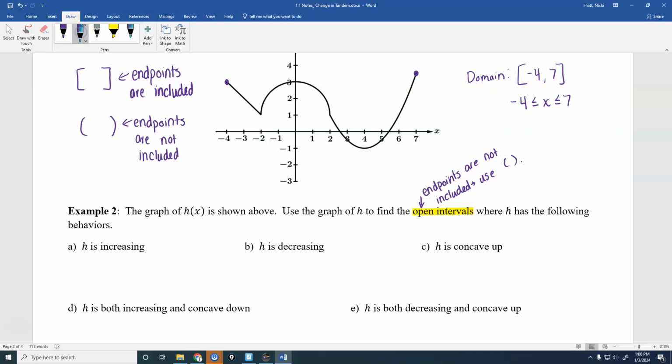Because the controversy is this right here. Let's talk about that point right there. If you're talking about that particular point, is the graph increasing or decreasing at that point?